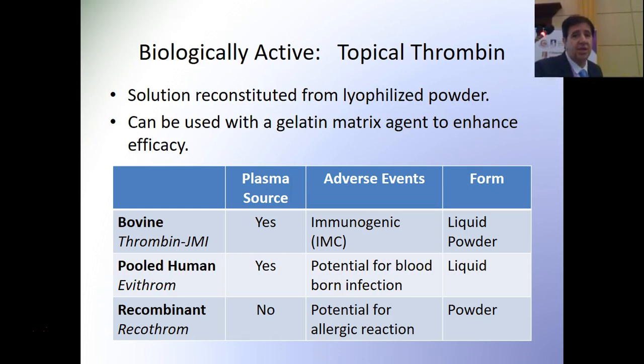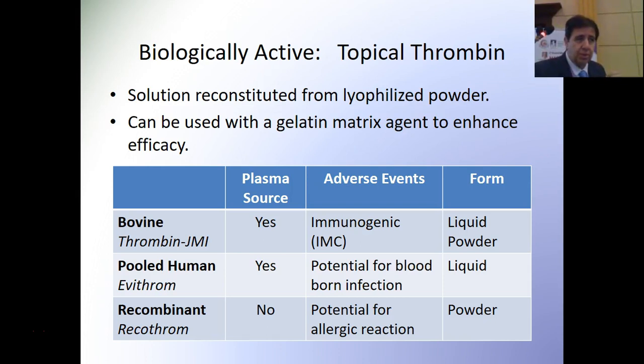As for adverse events with this thrombin, when it is bovine, the most important thing to think about is the immune coagulopathy that could be caused by the bovine thrombin.